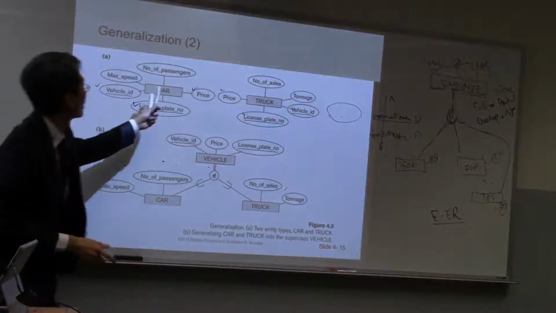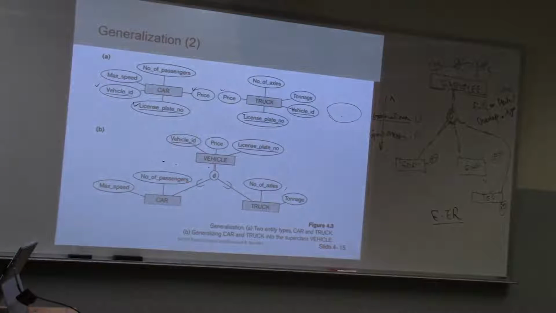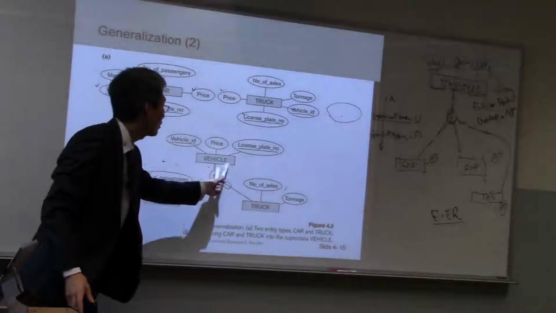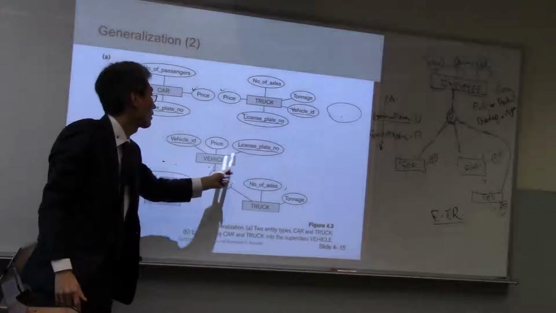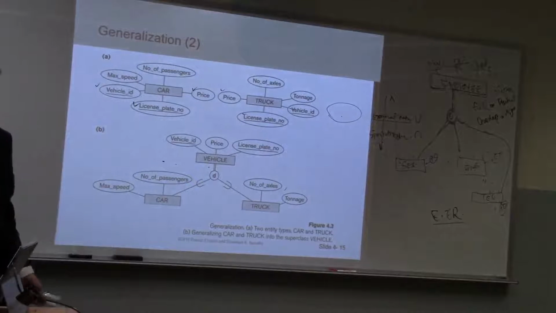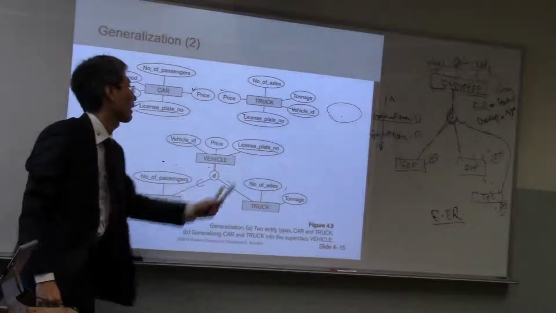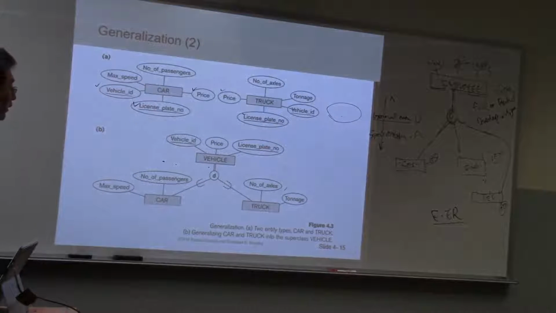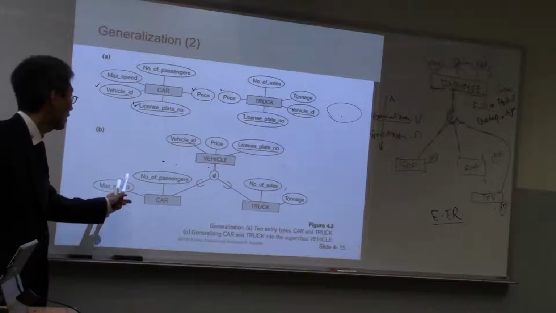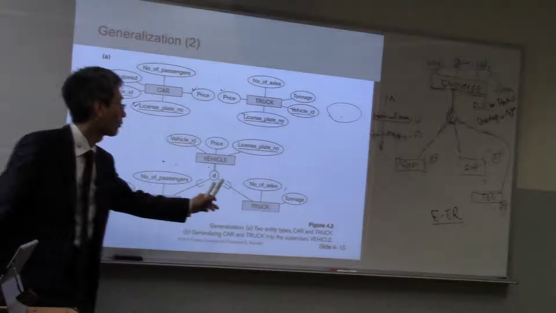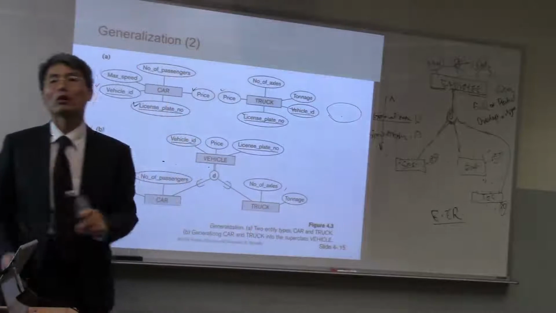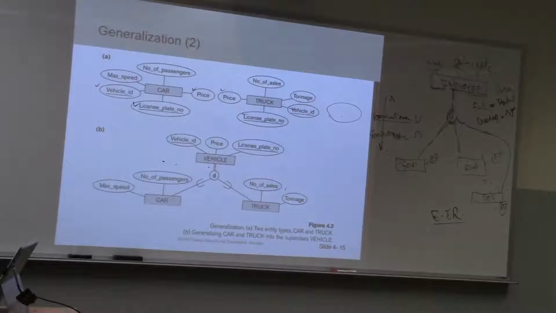Also, semantically, the car and truck, both of them are vehicles, right? So we define the vehicle as the superclass. Then put the vehicle ID, price, and license plate number, and select the vehicle ID and license plate number as keys. Then max speed and number of passengers are attributes only for car, and number of axles and tonnage are for the truck.